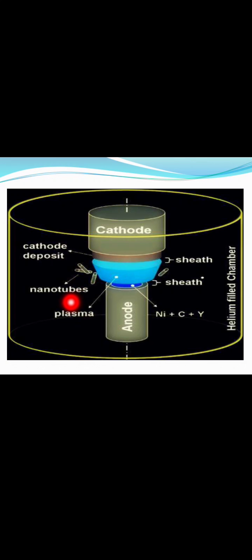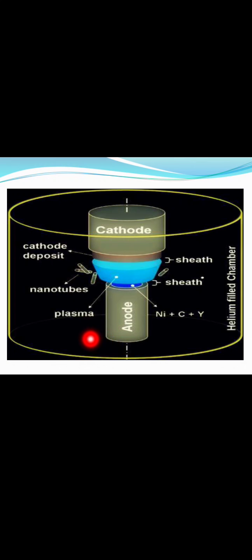At that time the carbons are deposited on the cathode side in the form of carbon nanotubes. See, these are the carbon atoms joined together, so this is the carbon nanotubes forming, deposited on the cathode side. This is plasma, cathode and anode.